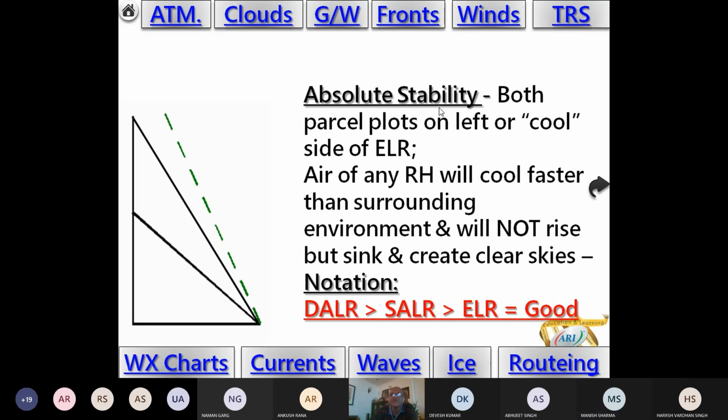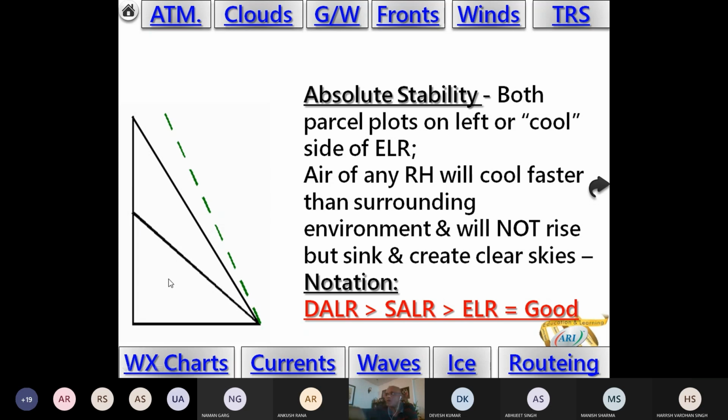When we talk about absolute stability, where both DALR and SALR are on the left-hand side of ELR, so now they are on the colder side or warmer side? Colder side, sir, colder. Very good. So the notation is DALR is greater than SALR is greater than ELR. We are talking about absolute stability because it is on the colder side.